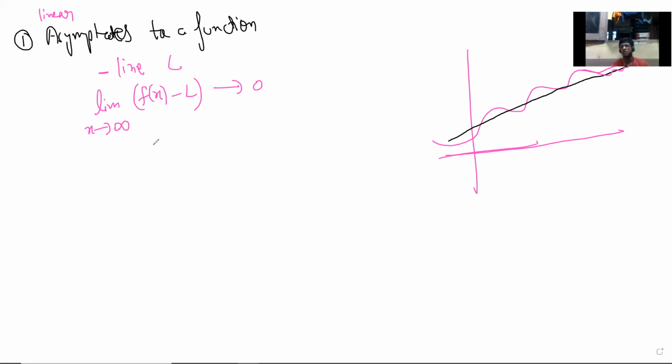So no one has an answer. Limit x tends to infinity, f(x) minus L goes to 0.